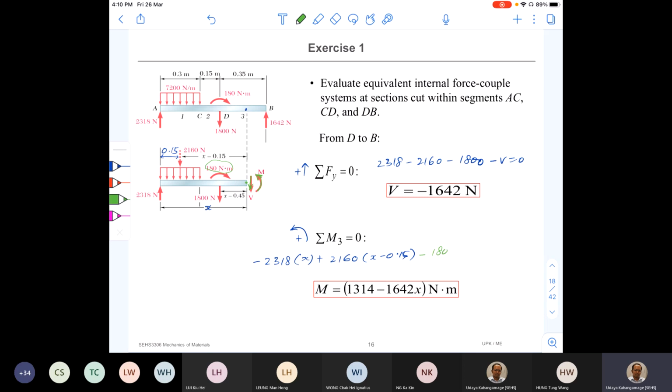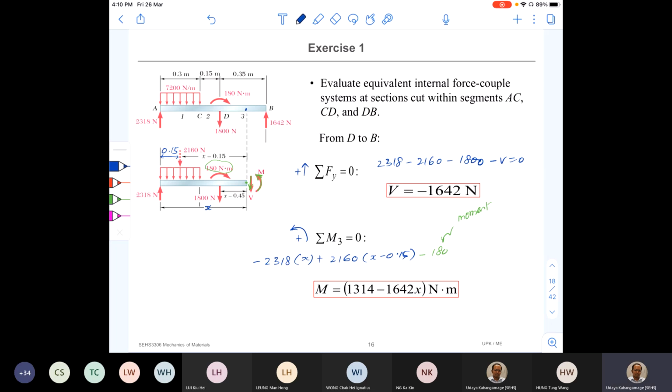So it's negative 180. And are you going to multiply by the distance? Yes or no? No, right? Because it is a moment itself, I'm not going to multiply by distance. I have observed this last year, some of your previous seniors multiplied by the distance.